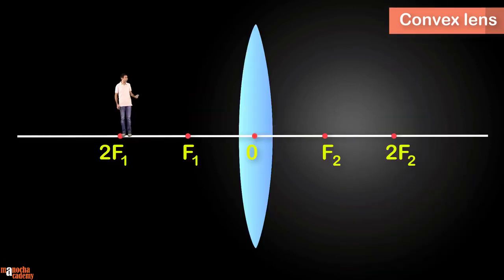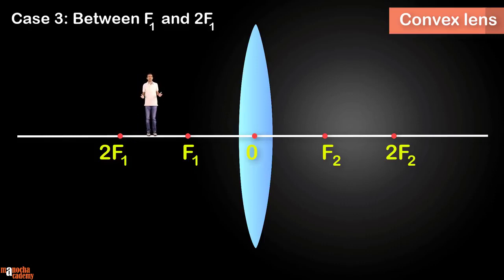Now I'm going to move closer to the lens. So we have our case 3 here, where the object is between f1 and 2f1. I would suggest you to pause the video here, draw the ray diagram and try to find the image yourself.